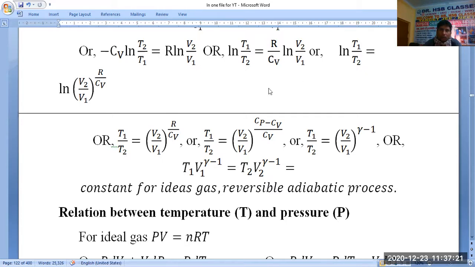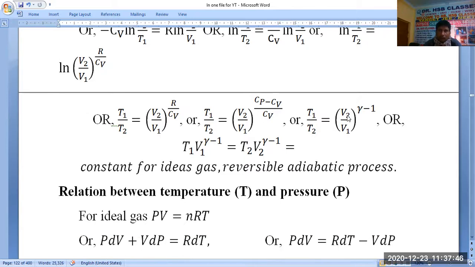Now you remove ln from both sides, then T1 by T2 equals (V2 by V1) whole to the power R by Cv. And R means Cp minus Cv, so R by Cv is Cp by Cv, which equals gamma, minus Cv by Cv equals 1.